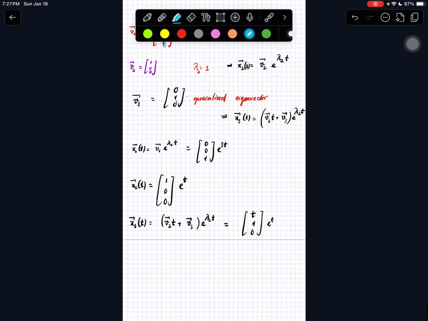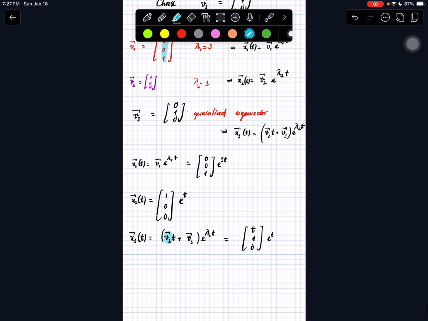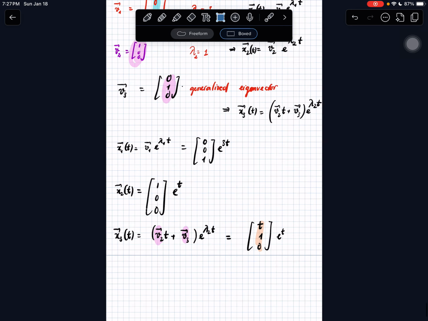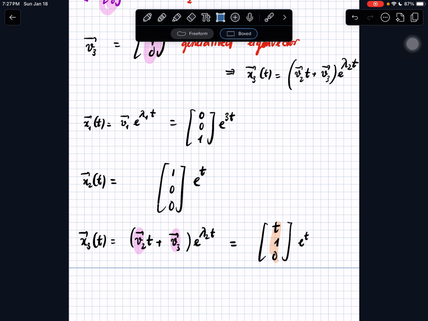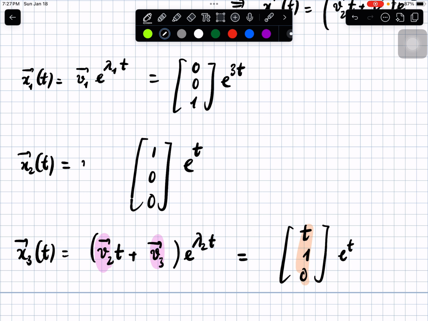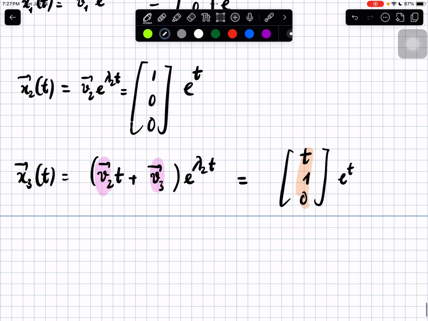You just plug in V2 t plus V3 and you get this. Same here, V2 e^(lambda 2 t).